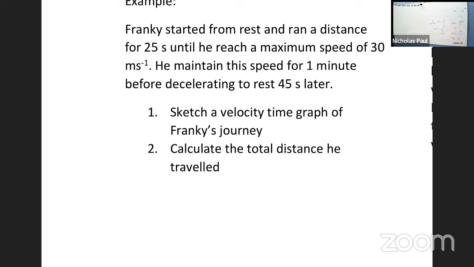All right, so let's check out your diagram.